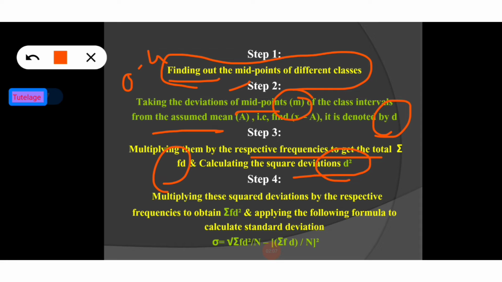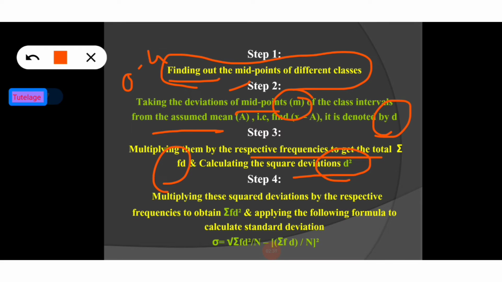At first we have to multiply d, the deviation value, by the respective frequencies, and get the total value, that means summation fd. After that we have to calculate the square of the deviations, the square deviation value, that means d square.